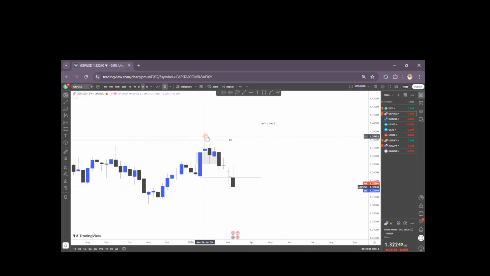We saw price take out the buy side liquidity, which is an external range liquidity, come back to our weekly fair value gap, which is an internal range liquidity, and then price reacted from it. And then from an internal range now to an external range, which is this.